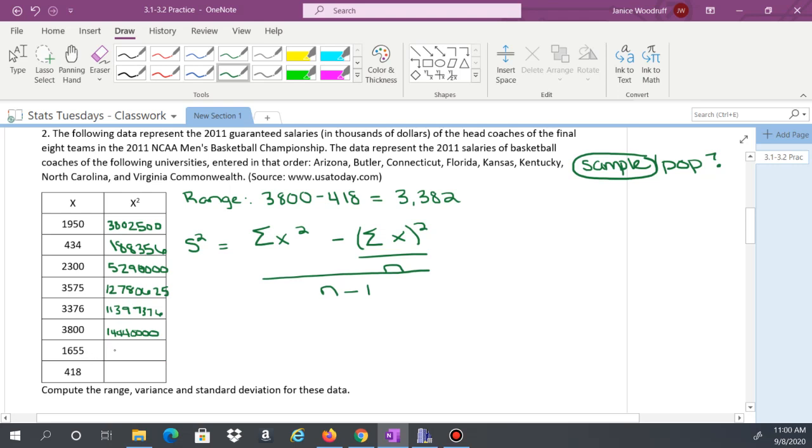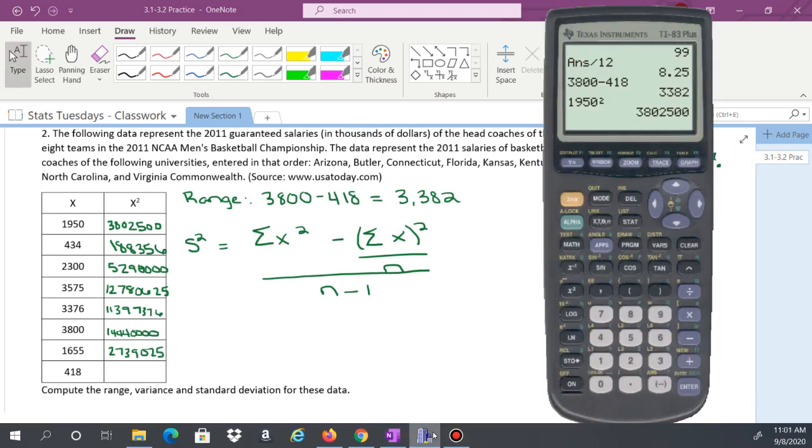And then 1,655 is 2,739,025. So I'm just going on the calculator for 18. My squared button is right here, up and to the left of 7. So then 174,724.